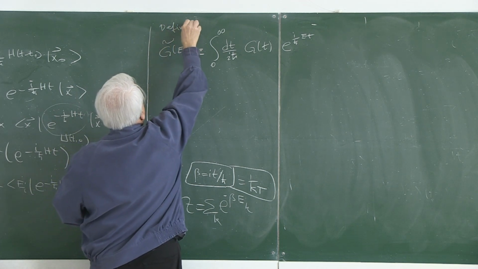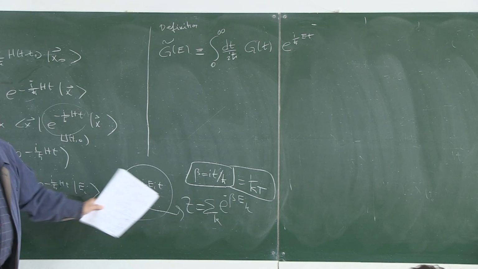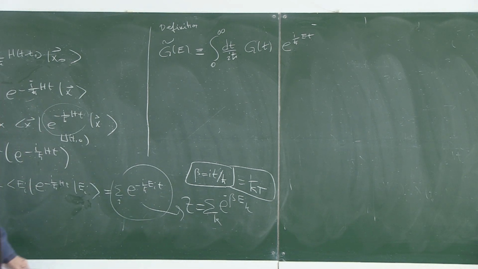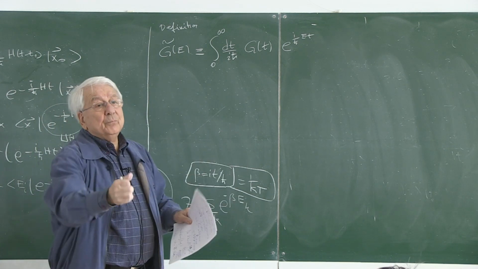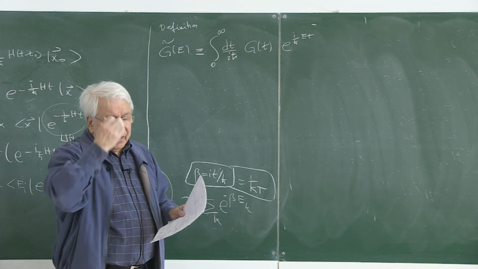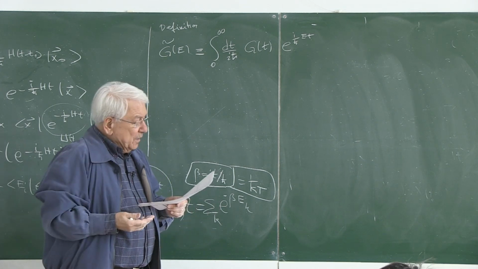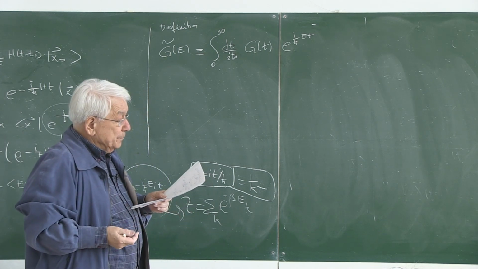You'll see the power of this. The connection to the partition function, this time its Laplace transform, will enable us to identify the energy spectrum directly. It's a neat formula.